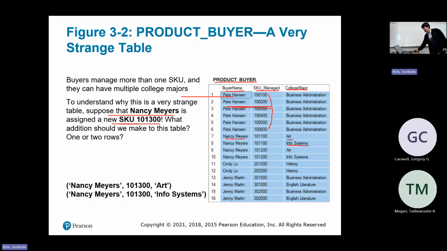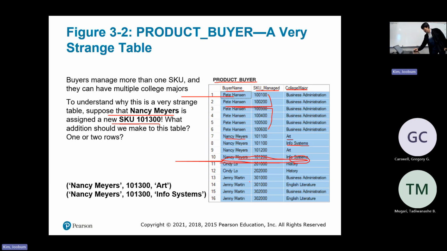So in this table, if you add a new SKU number for Nancy Mayers, for example, Nancy Mayers is assigned the new SKU 101300, we are able to add Nancy Mayers, 101300, and then we have to fill out the college major. She has two majors: information system and art.